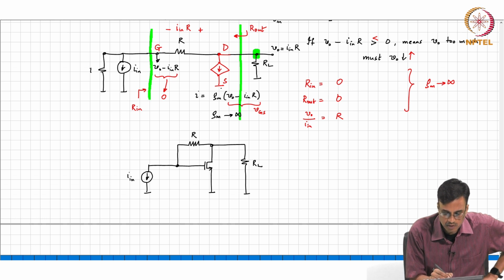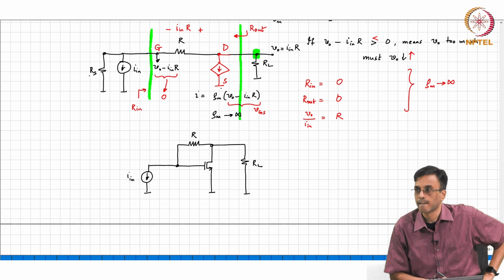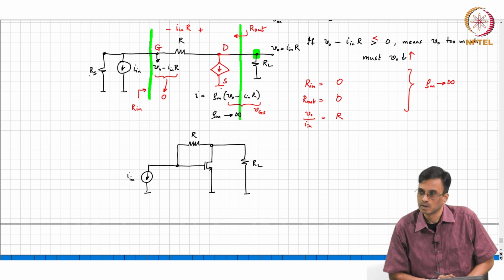What is the output voltage? Because what is the voltage across Rs? 0. So, no current flows through. This we discussed already, and we are going through the same arguments all over again.